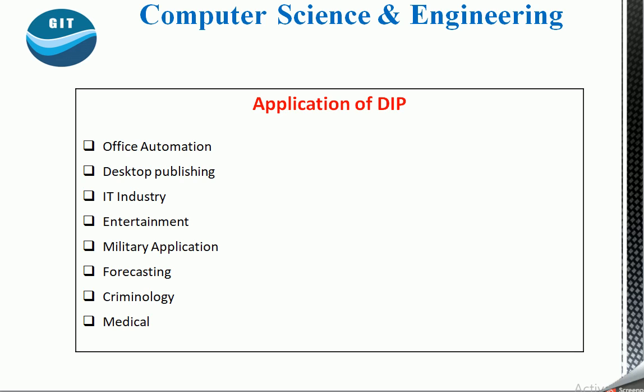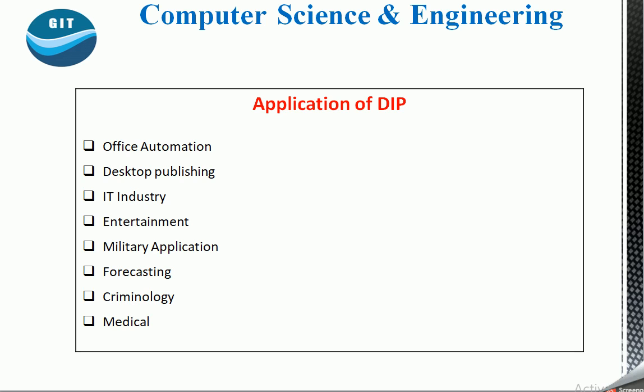Fifth, military application. In the field of military application, it is used to guide and detect missile targets, identification, etc. Sixth, forecasting. Digital image processing is used in short-term weather forecasting, long-term climate change detection, and cloud patterns.